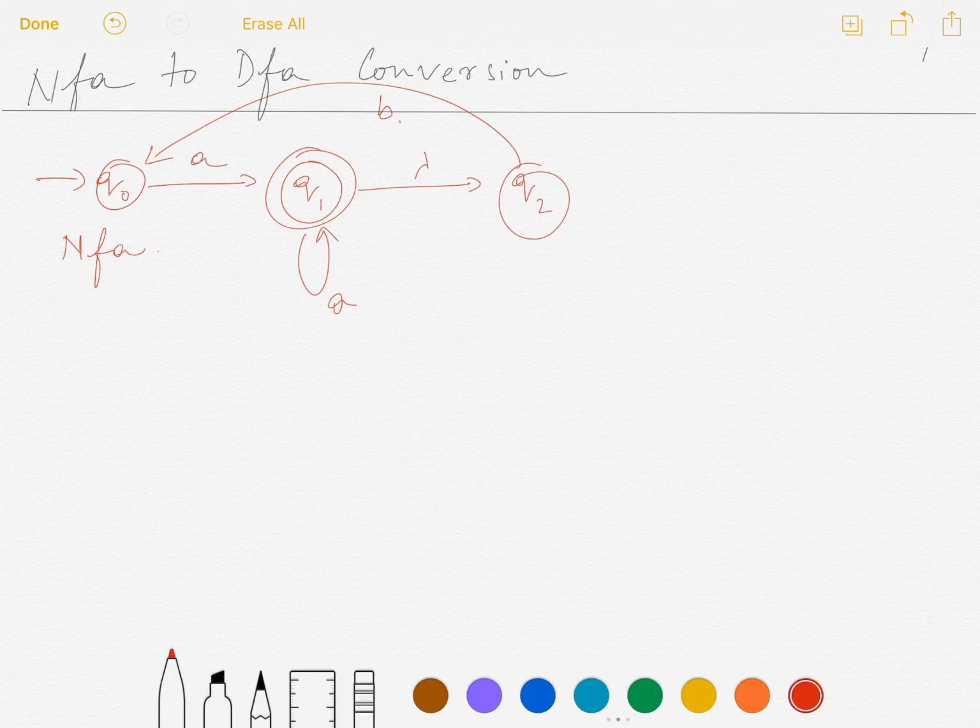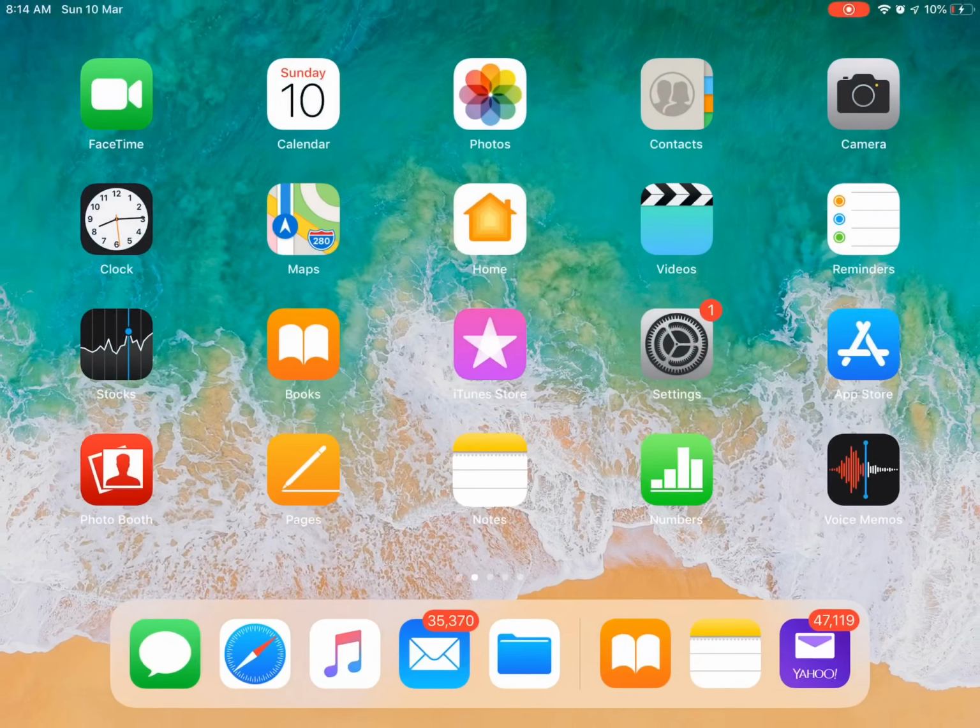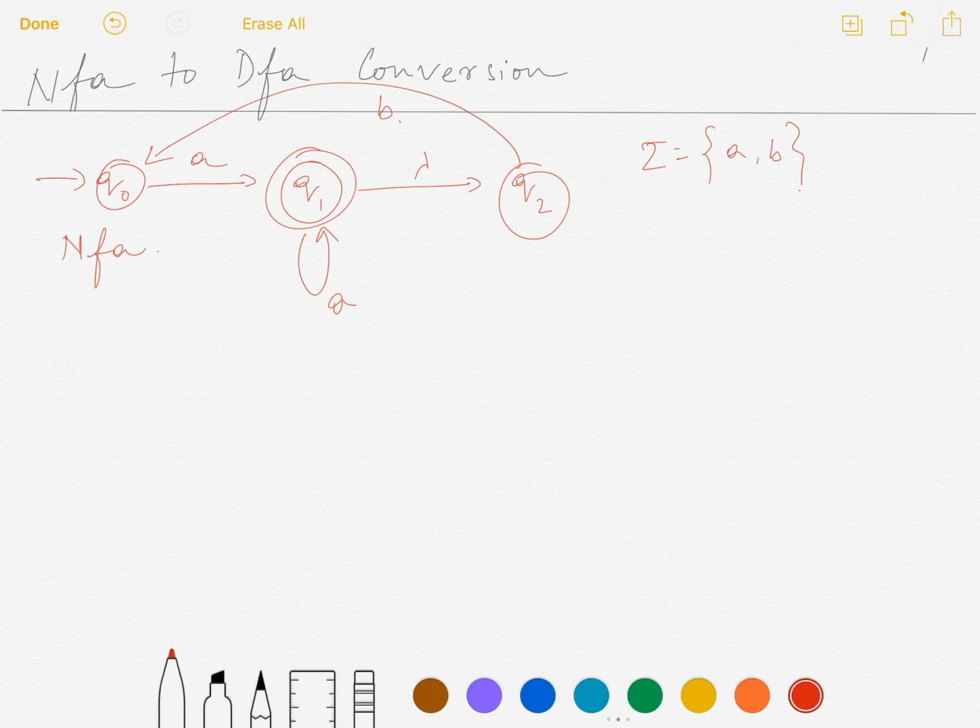Why? Because the alphabet is A and B, and at Q0, A is consumed but B is not consumed. Not only that, Q1 consumes lambda. So we can say that this is an NFA. Now, how to convert it to an equivalent DFA?